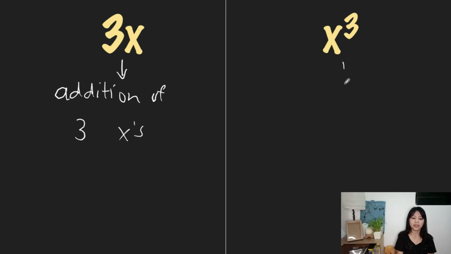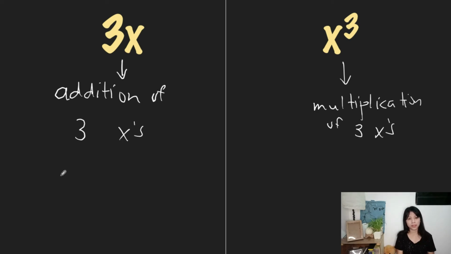Okay? Pag sinabi naman natin x cubed, ito naman ay multiplication of 3x's. So, ang 3x in mathematical expression, it is also equal to x plus x plus x. Kaya po siya resulta ng addition ng 3x's.